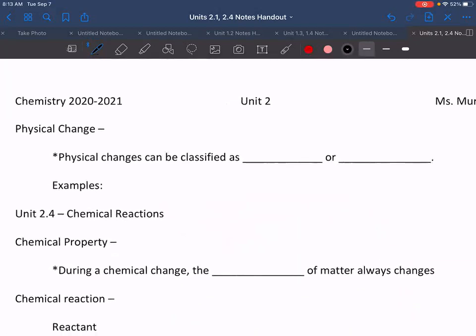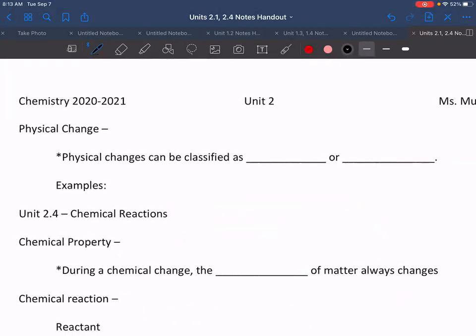Physical change. So we've talked about this a lot. Physical properties are what you can observe without changing the composition. Now, physical change is change of some properties, but not composition.